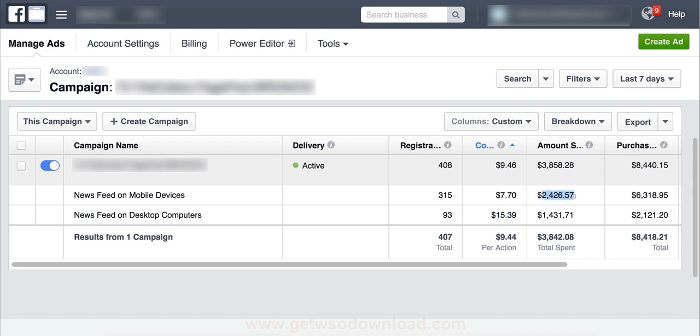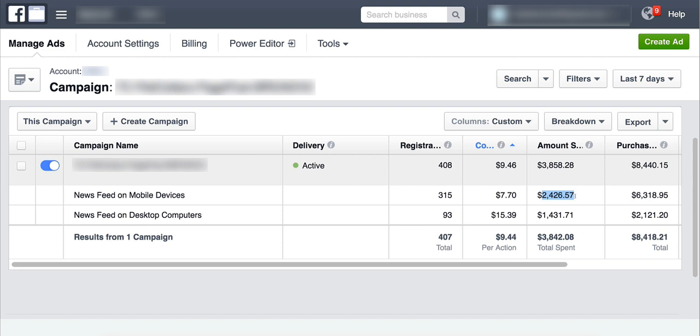So this is eye-opening right here. Look, if you're not split testing mobile versus desktop and your campaign is losing money, I guarantee you that if you were to dive in and look at the difference between mobile visitors versus desktop visitors, you would find that one of them converts better than the other.